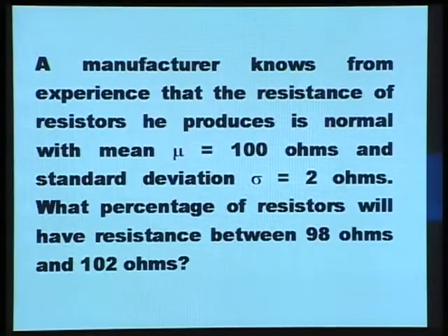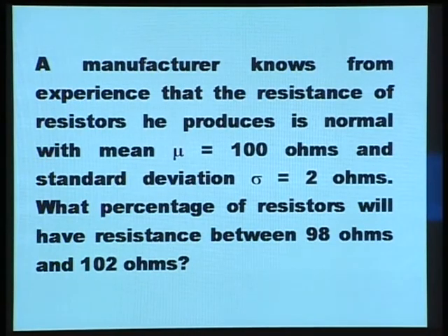We'll take another example to illustrate to you how to use the process of standardization. Let's see. A manufacturer knows from experience that the resistance of resistors he produces is normal with mean 100 ohms and standard deviation 2 ohms.